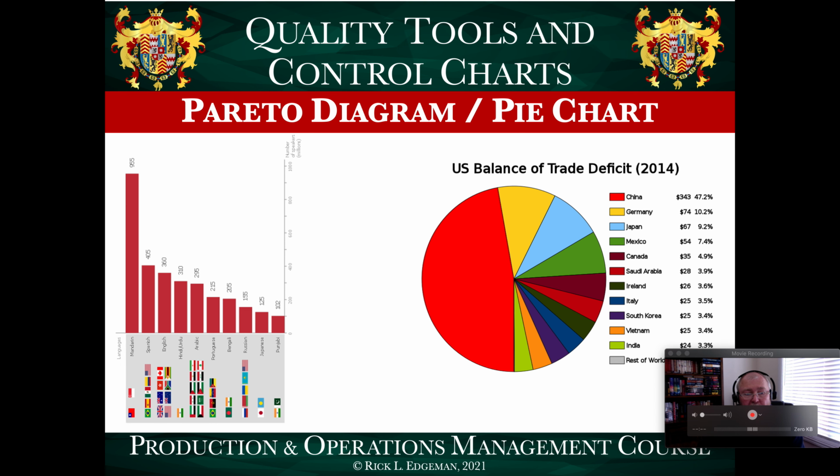There are a lot of ways that you might see this. You could see it even as a pie chart. But the tallest bar, if it's arranged in bars, or the biggest category, is the most frequently occurring. The next biggest is the next most frequently occurring, and so on.